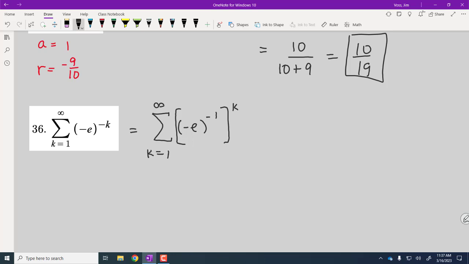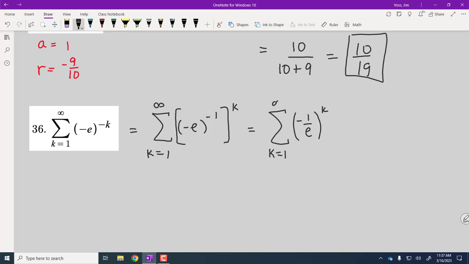So the base, or the R value, is not just -e, it includes that -1. So let's simplify that a little bit. This is going to be -1 over e raised to the K.